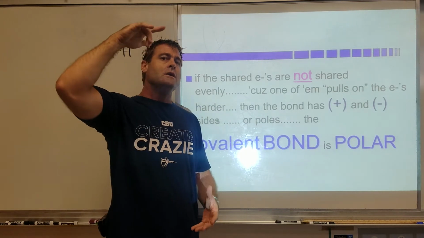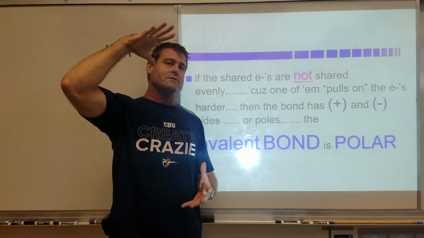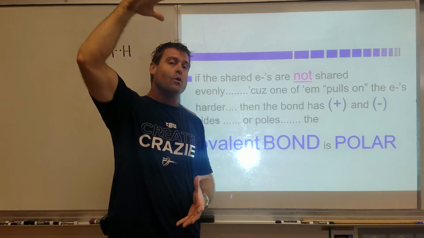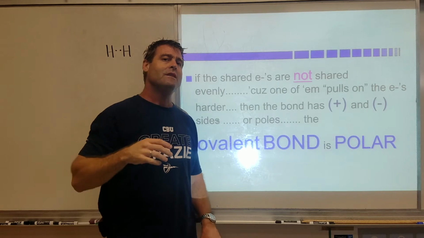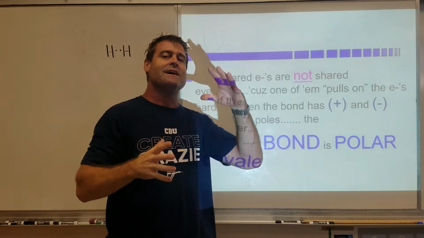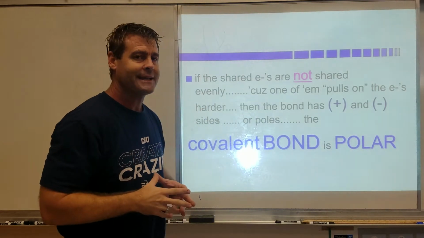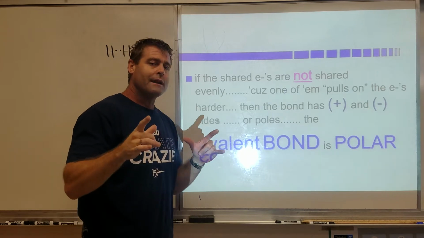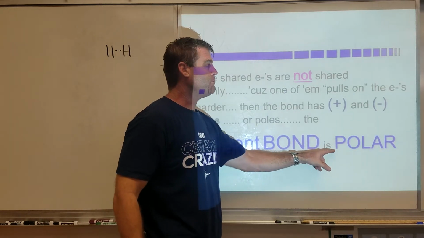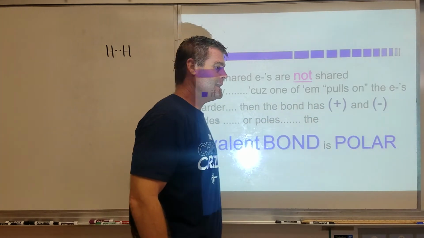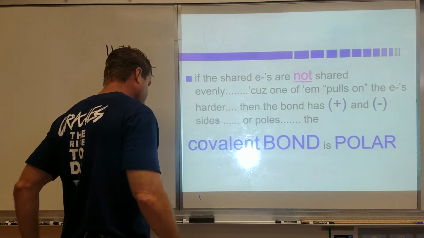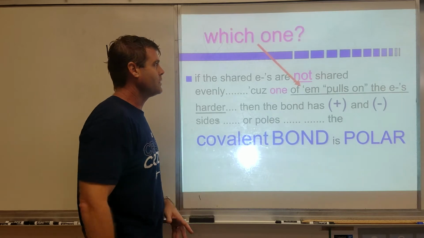The reason the Earth is a gigantic magnet is because it has a North Pole and a South Pole, two ends of a magnetic field. So hopefully that'll help remind you that when we use the word polar, we're saying that it has positive and negative ends. Okay, we're going to talk a little bit more about this.